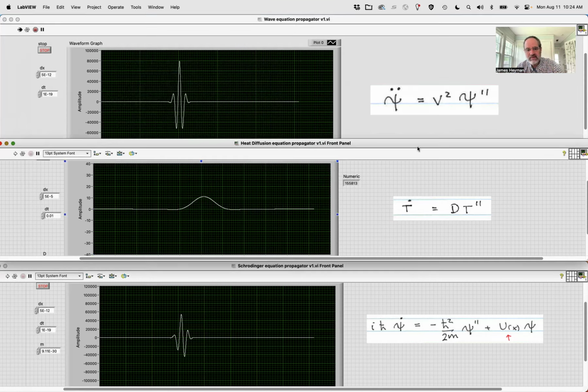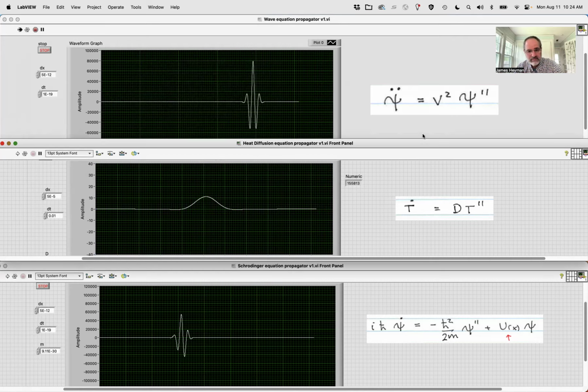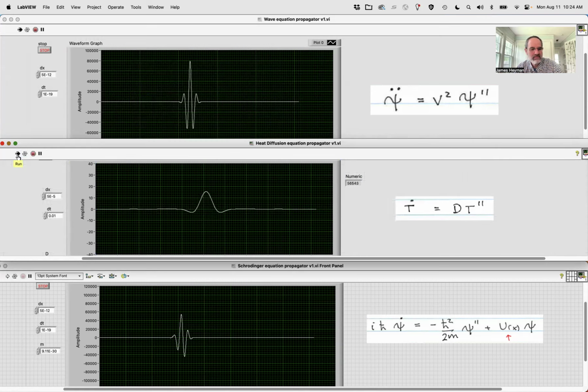All right, well here, let's look at a different wave equation. This equation describes heat diffusion. The rate of change of temperature as a function of time is equal to a constant times the second spatial derivative of the temperature, okay? Sometimes called Fourier's law. Let's take a look at this.